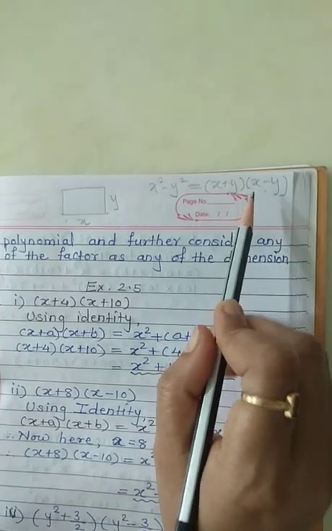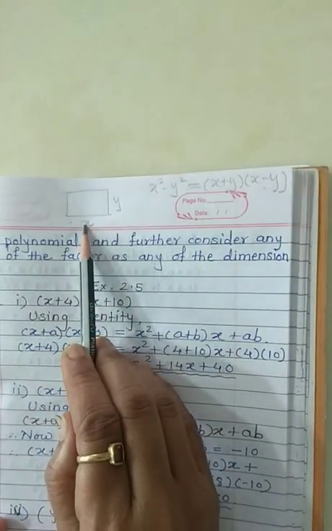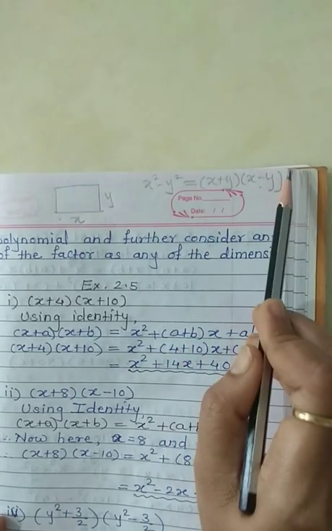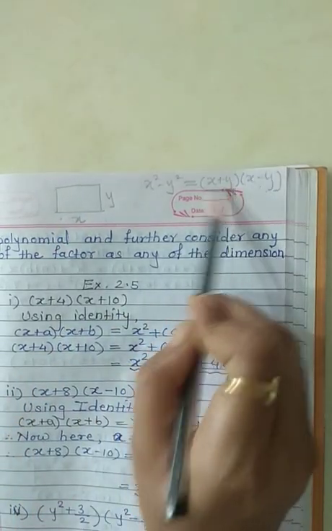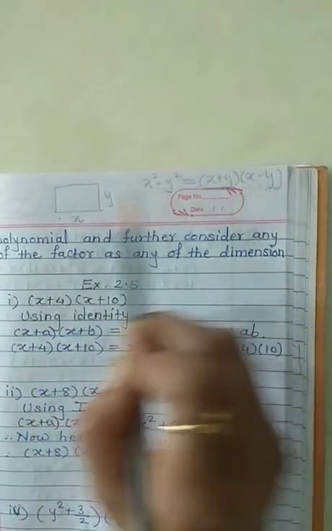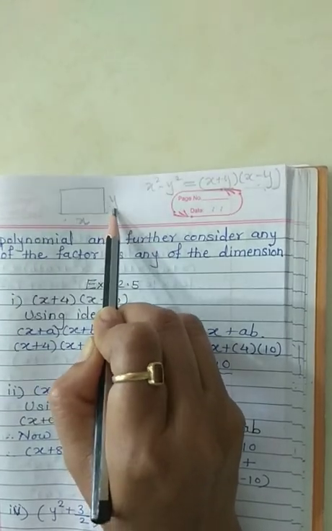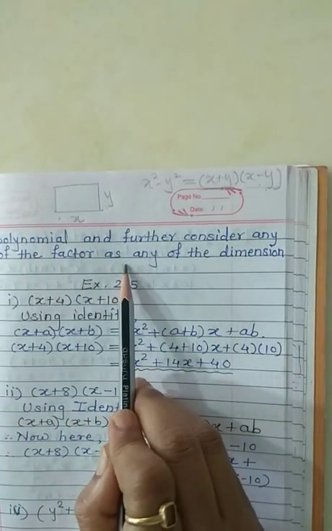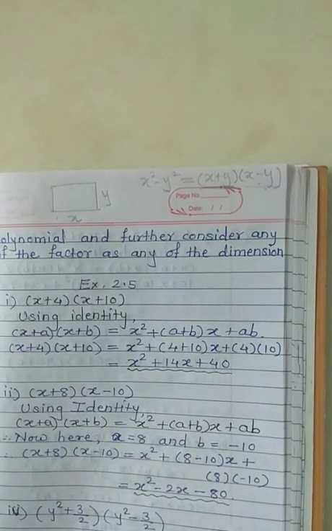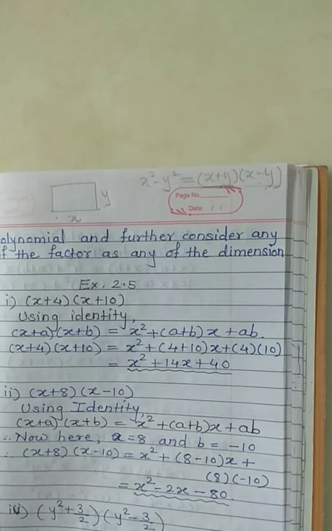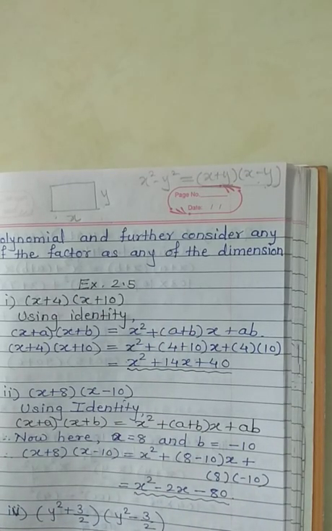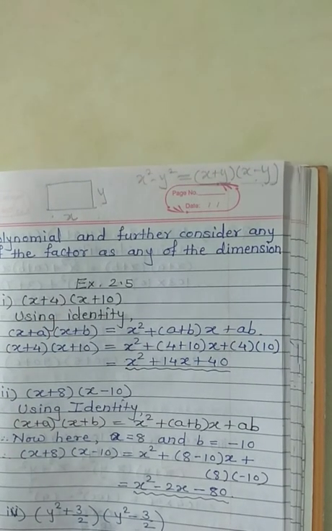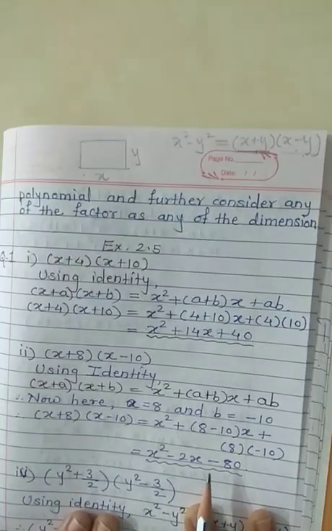If after solving any sum of this type we get two factors after the expansion, one factor is the length and another factor is the breadth. Like this, we have to consider the dimensions from these two factors. So we are going to use the identities to solve this type of problems. Now, let us start exercise 2.5.